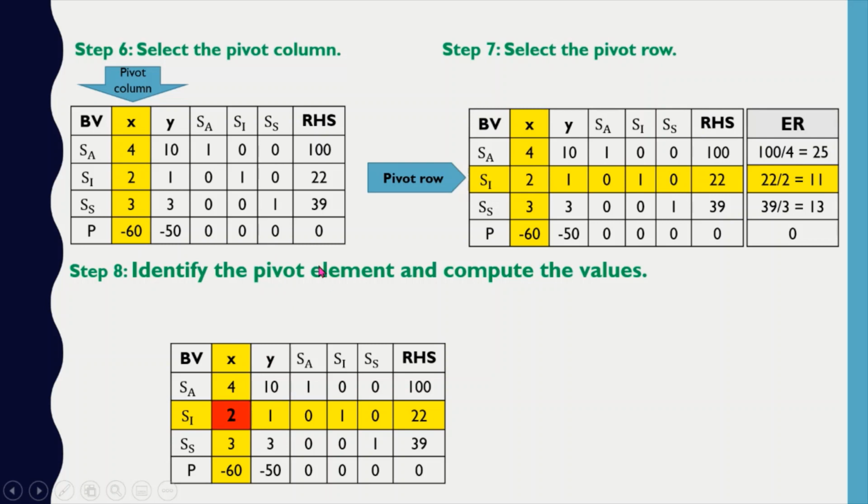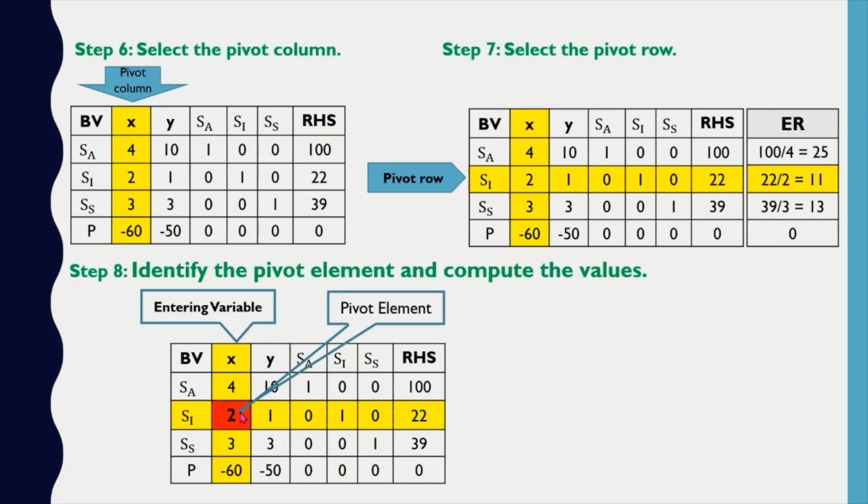After we identify our pivot element, our objective is to make it equal to 1. So we identify 2 as our pivot element. Then we are going to identify our entering variable, which is our pivot column variable, which is x.